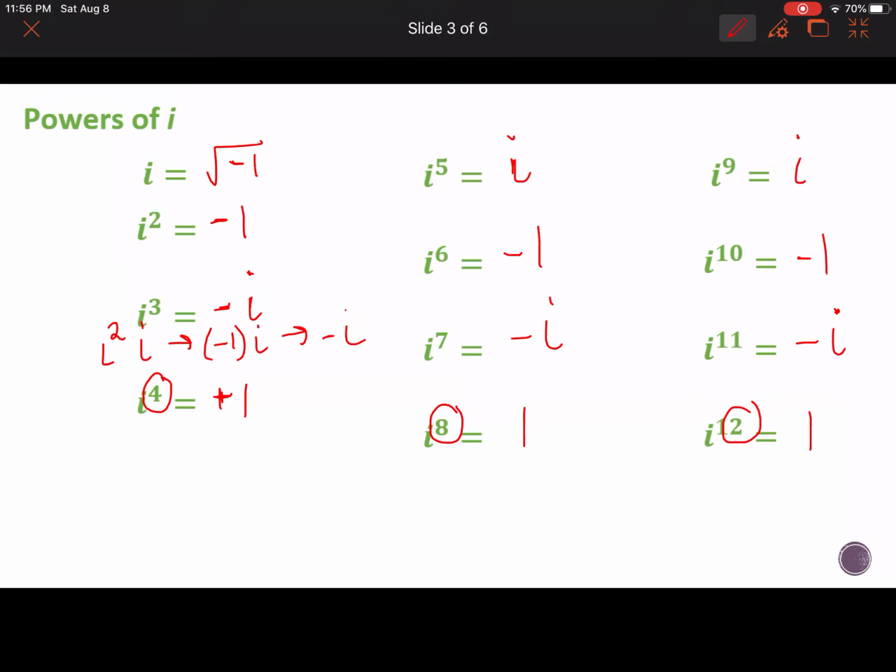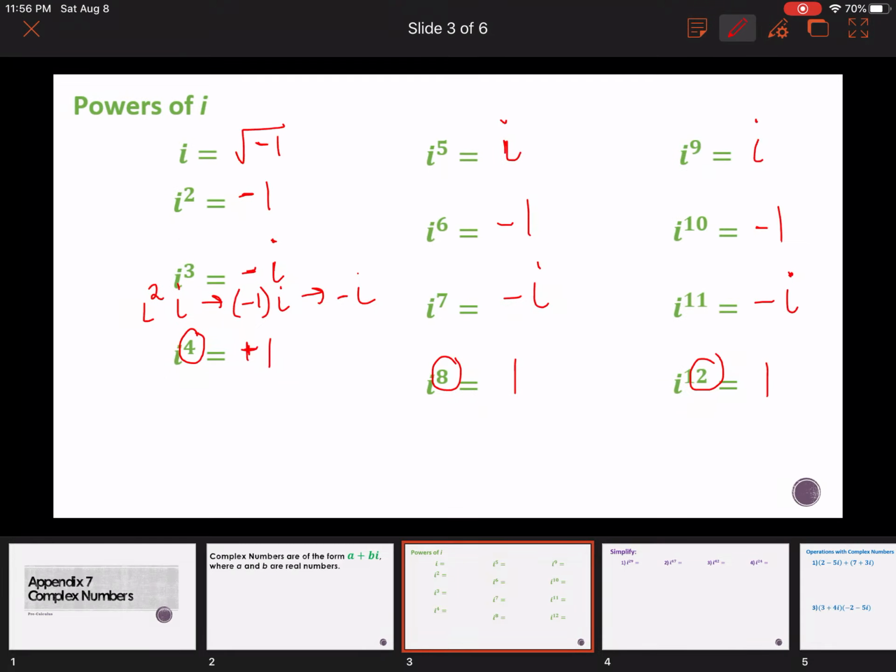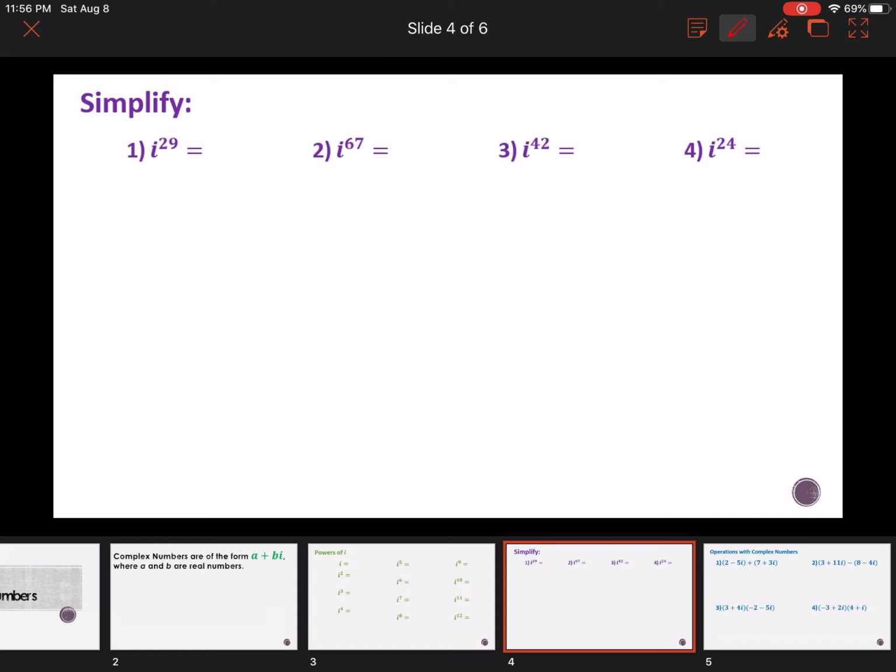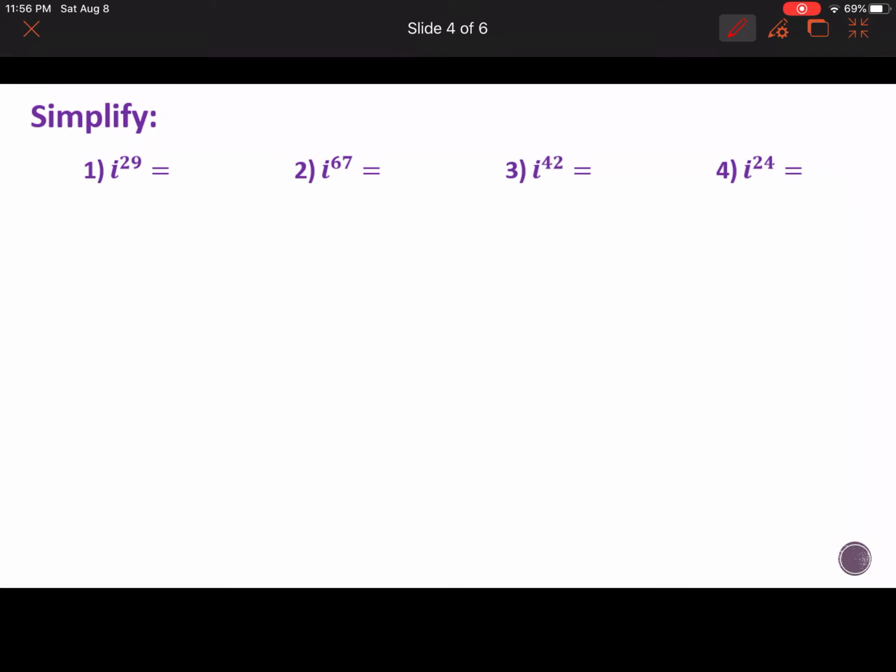Okay, so let's simplify a few more powers. So let's look at i to the 29. The first thing I'm going to do is say, well, what's the highest factor of 4 that I can take out of 29? The highest factor of 4 is 28.